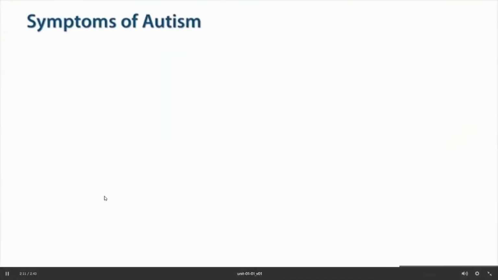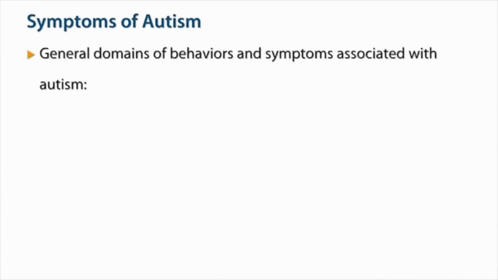Now in this segment, you're going to be interacting with the first of our learning objects. This learning object will help you learn more about the behaviors and symptoms seen in children with autism. Here's a preview of what we'll review. There are 3 general domains used to distinguish common behaviors and symptoms associated with autism.